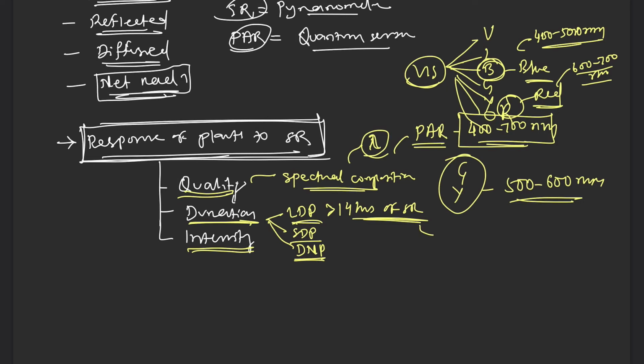What are the examples? Mainly rabi crops like wheat, barley, oats. These are long day plants, right?